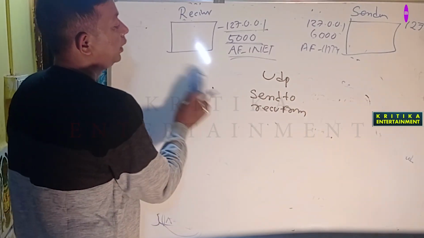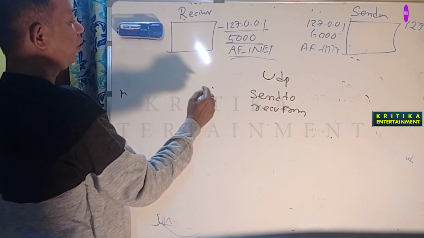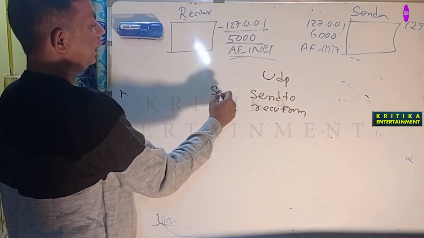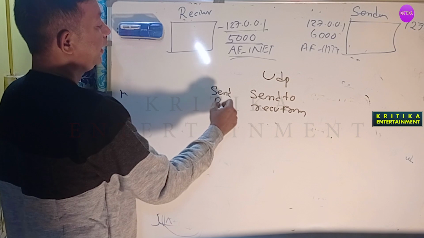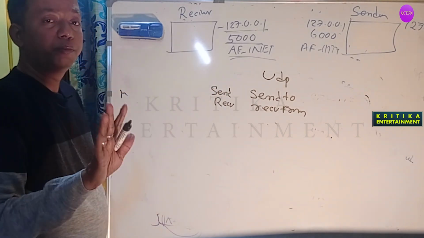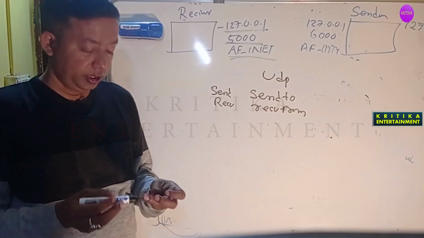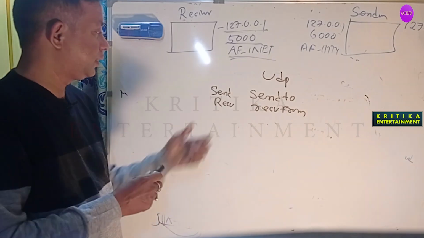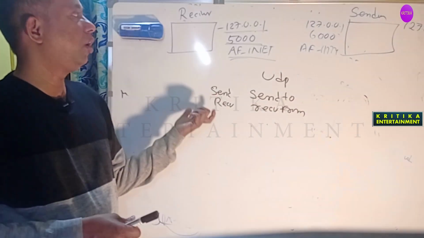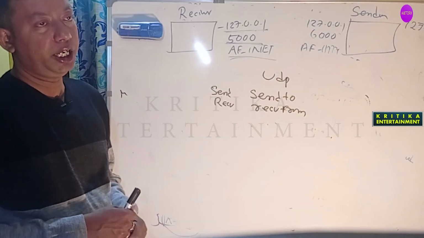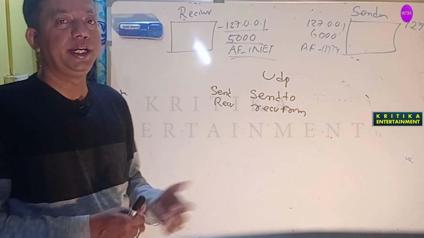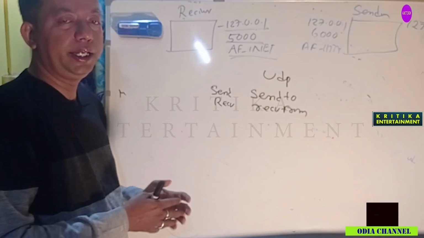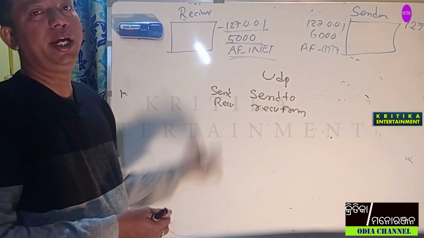Then you remember the difference between send and receive: you are using 4 parameters. If you want to know details, you can find them in my TCP socket programming video, which I have given in the description box. You can click the link and check the exact video.